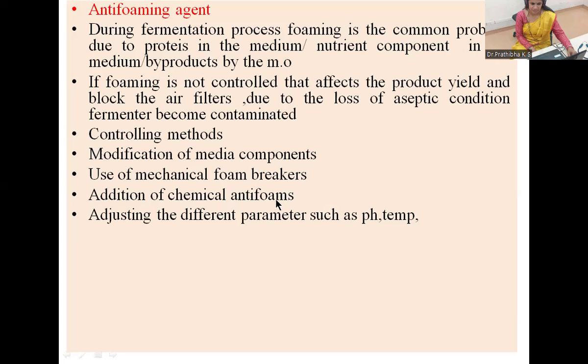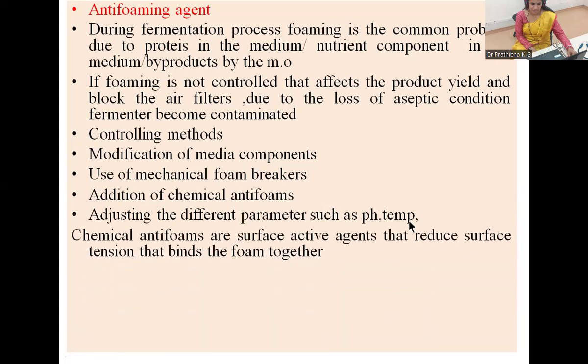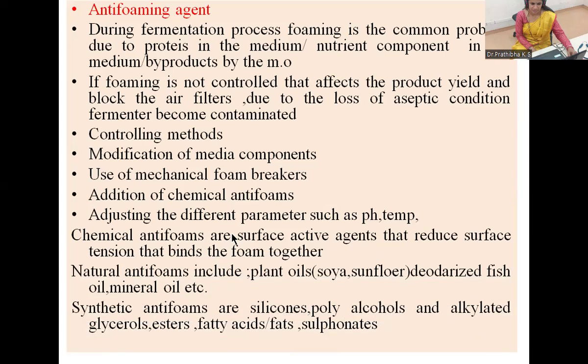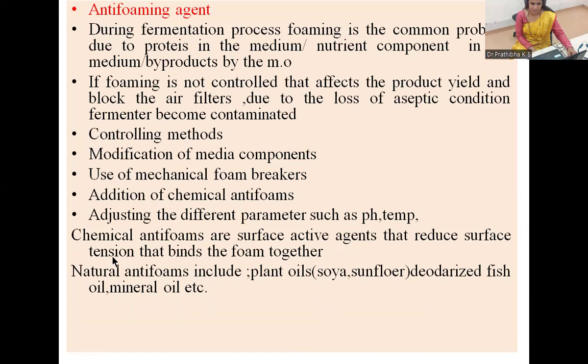Then addition of chemical antifoams. Then adjusting parameters such as proper temperature and pH can also help avoid foam formation. Chemical antifoams are surface active agents that reduce the surface tension that binds the foam together.